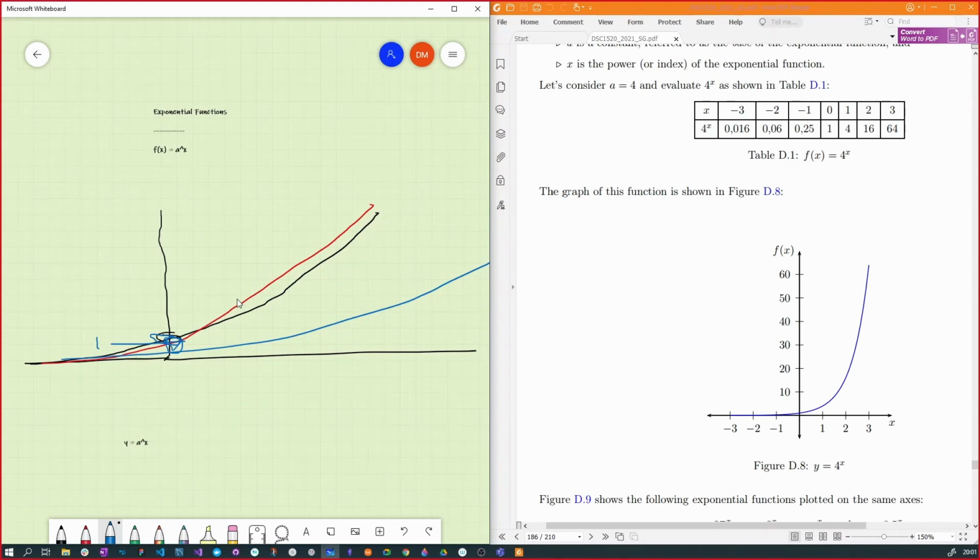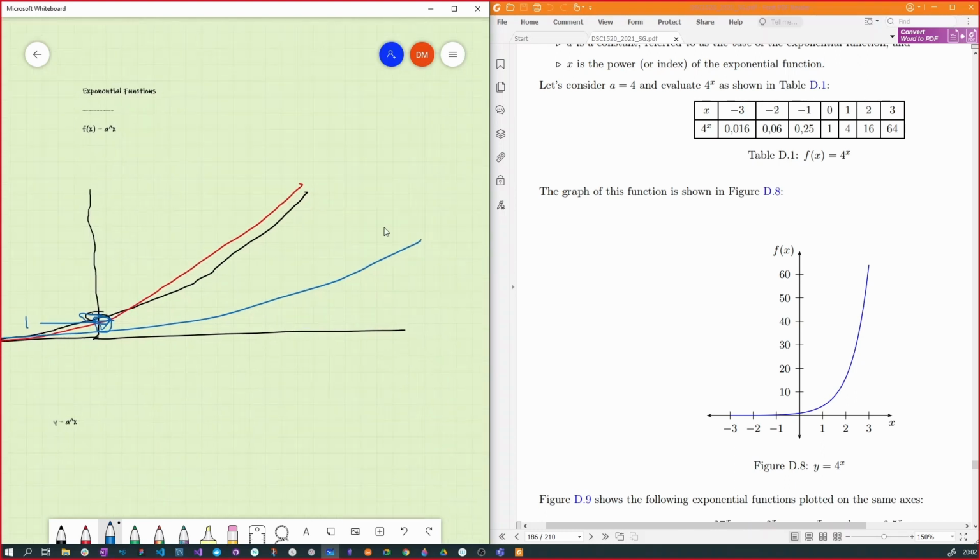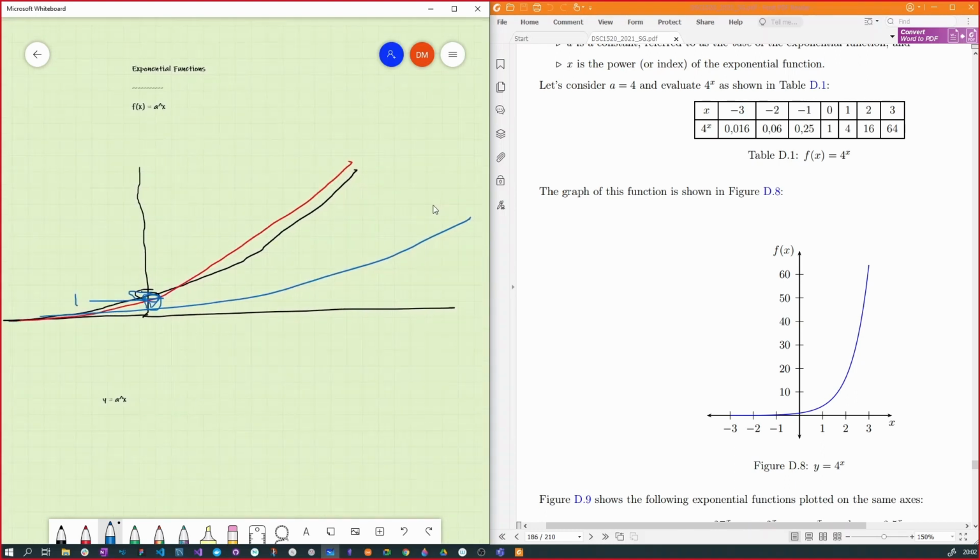And if the base a is 4, we will have an exponential equation that is increasing faster and faster. Then if a is 1, the exponential function is still intersecting x equals 0 at 1, but the rate of increase of the specific graph is much slower.